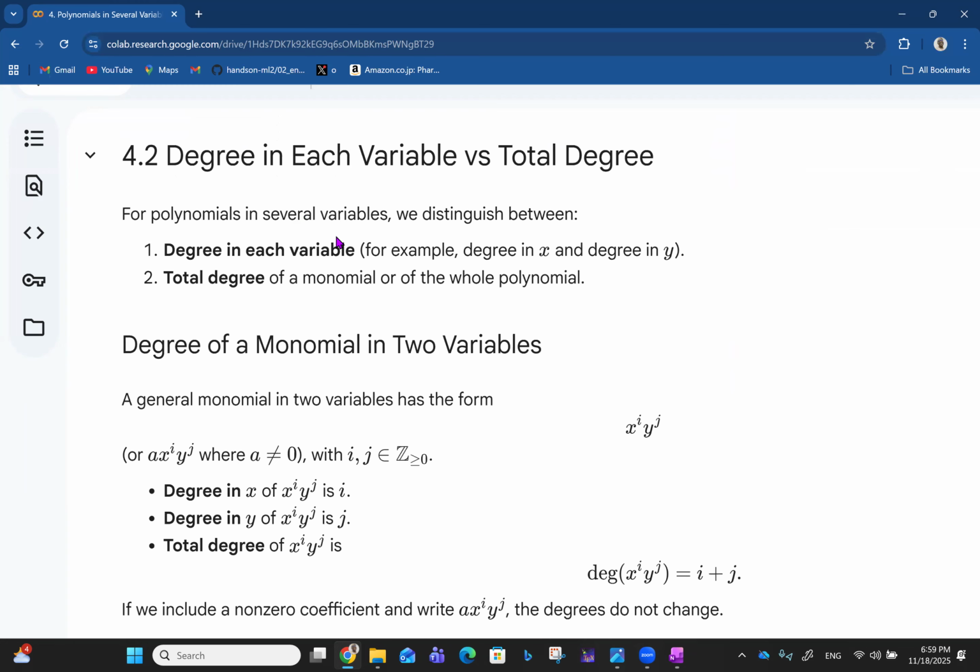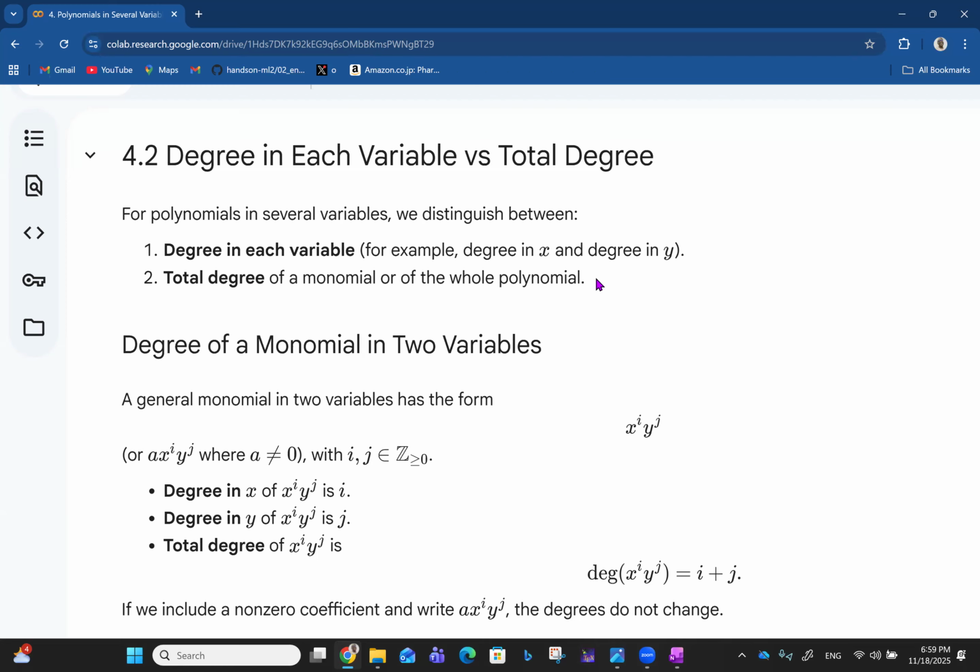For polynomials in several variables, we distinguish between the degree in each variable, for example the degree in x and the degree in y, and then the total degree of a monomial or of the whole polynomial. So the total degree is the degree of the whole polynomial.